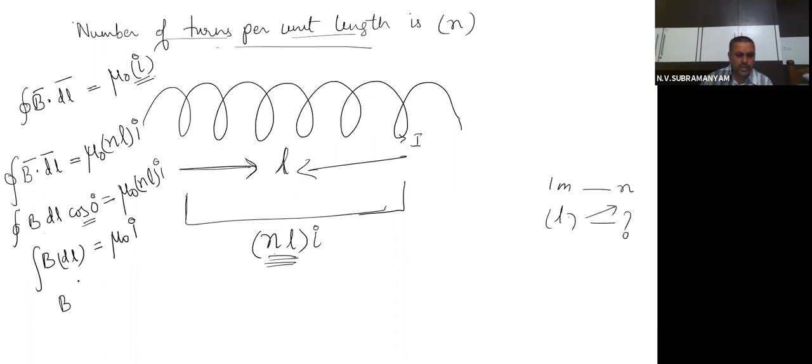So write it outside. Then I will get B times the integral of dl equals mu naught n L I. Then you know that the integral of dl is always equal to L. Then I will write B into L is equal to, here, this is, a minute.